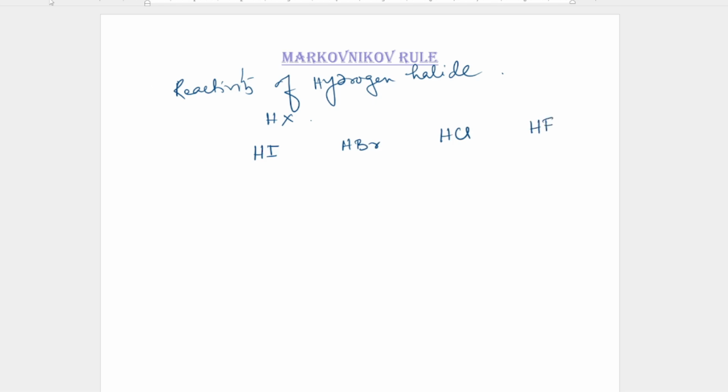Now if you see hydrogen iodide, iodine is a bigger atom, so the bond length between these two is quite big. Whereas for hydrogen bromide, the bromine is a little smaller than iodine. In the case of chloride, it is smaller than bromine. Whereas for hydrofluoric acid, it is the smallest one in this series.